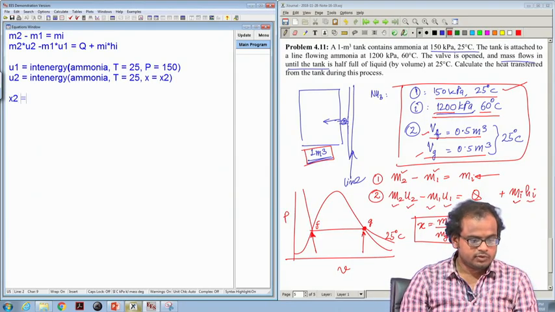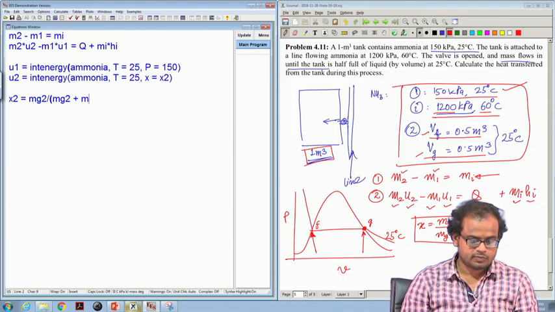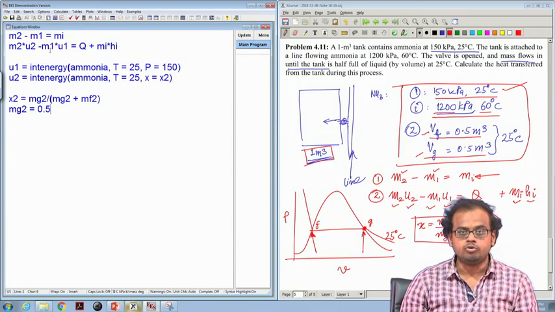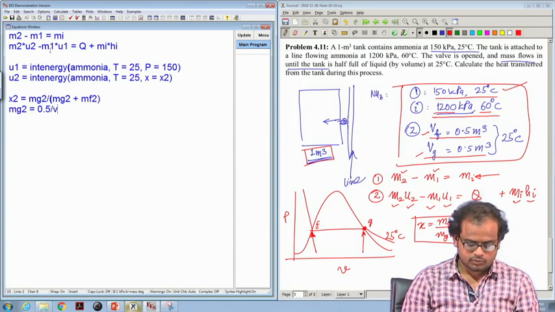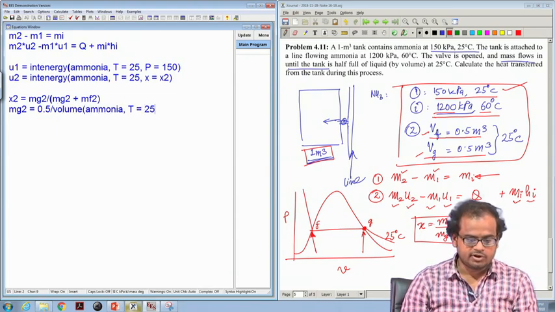So, X2 is the mass of vapor at 2 divided by the total mass, where mg2 is equal to 0.5, which is the volume, divided by the specific volume of ammonia at T equal to 25 and X equal to 1.